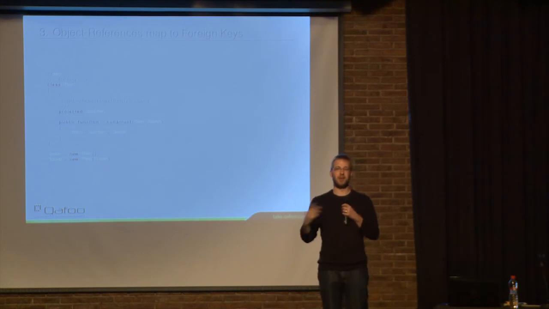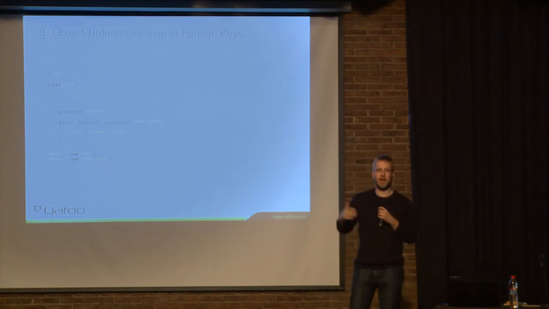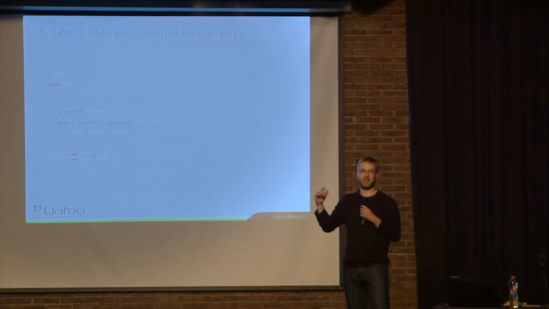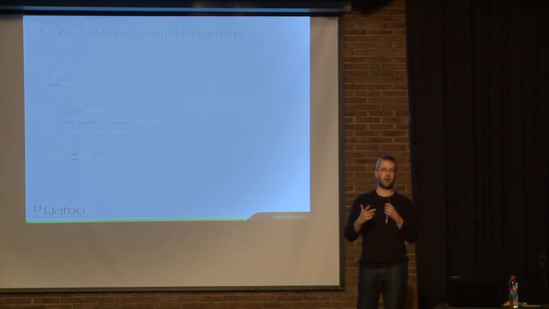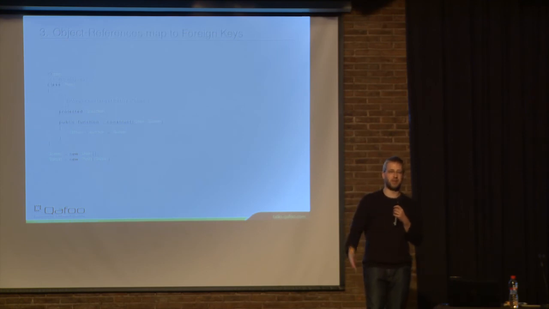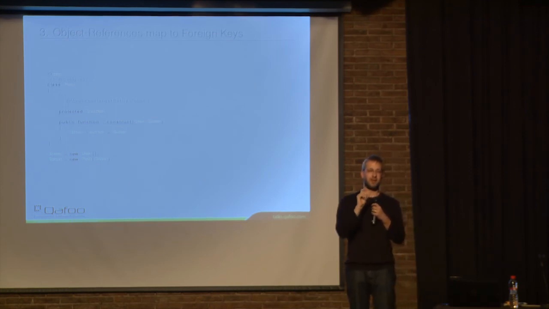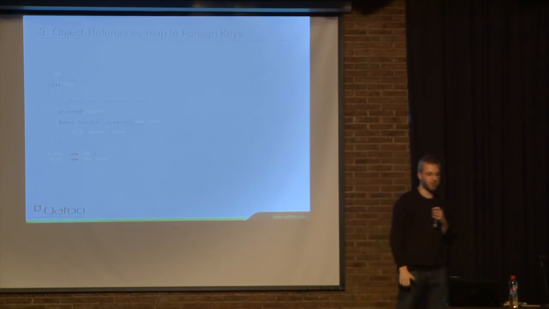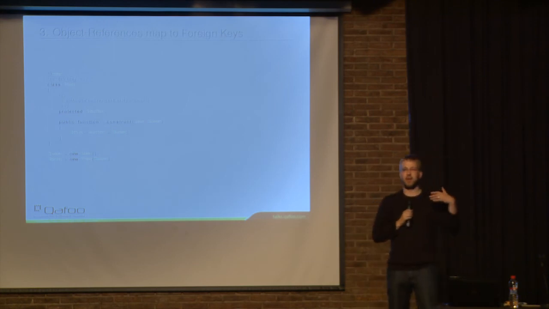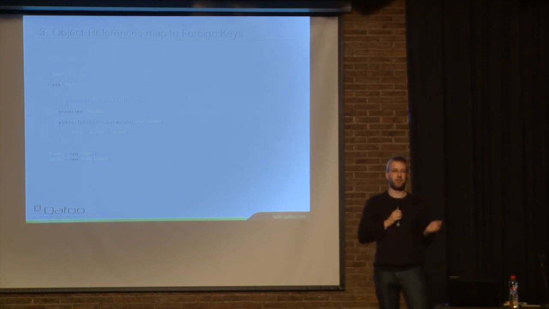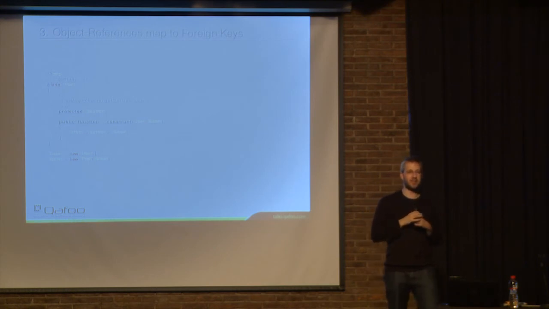But if the column is named differently, then you can be more explicit about the mapping and say, no, this column is not called author underscore ID, it's called maybe anything different, and explicitly state this is the different name that we want to use. So there are some very simple defaults for the different kinds of mappings that you can do. But whenever you want to change them and you have something different in your project, you can also be a little bit more explicit and change more.